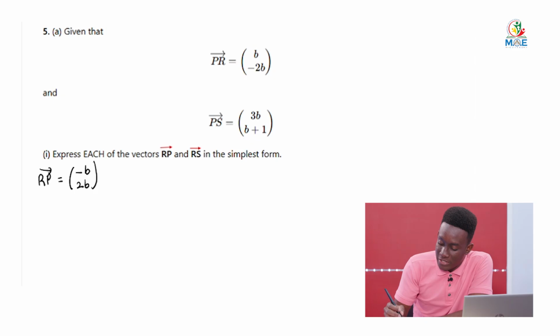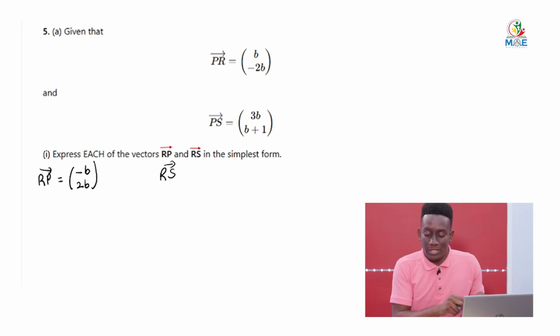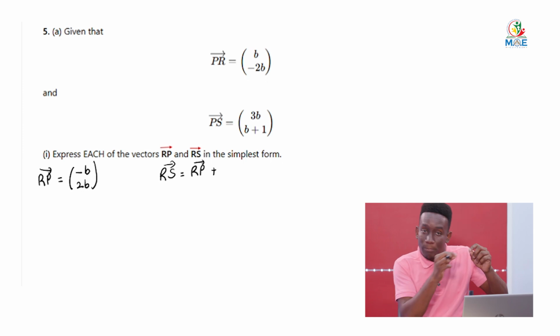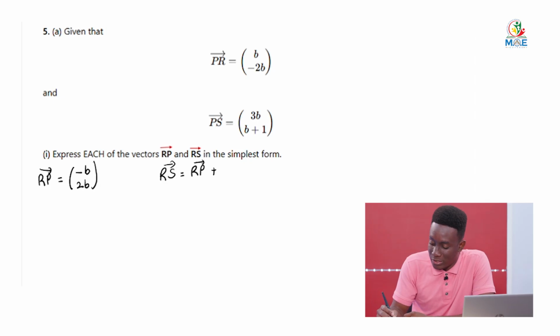Next they want us to find the vector RS. We don't have SR, but we know we're moving from the point R to the point S. So we need to travel along a vector to move from R to S. We can start from R and go to another point, in this case P. And then because of the triangle, you must move from P to the point S. We have these vectors, RP and PS.